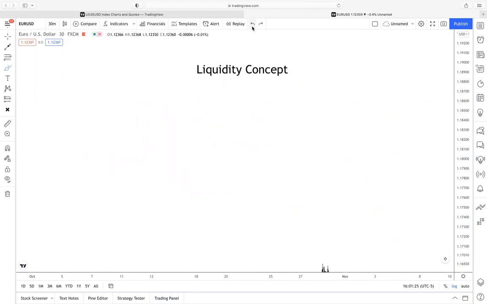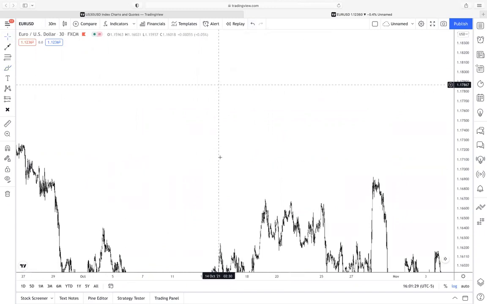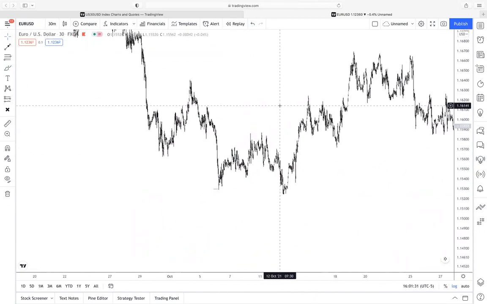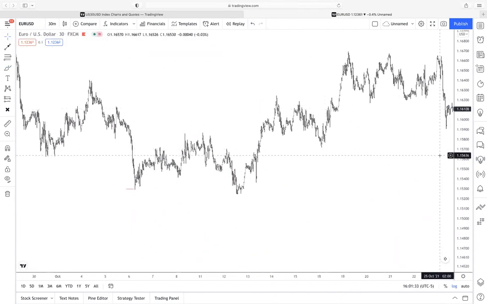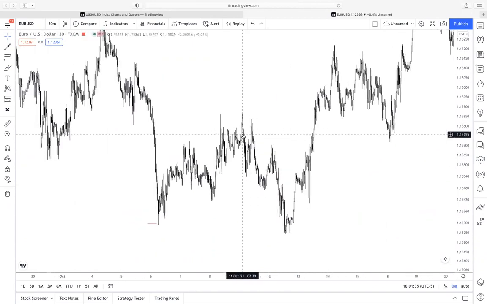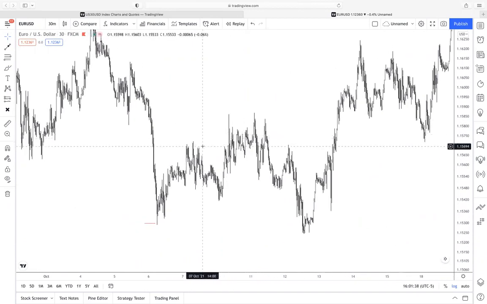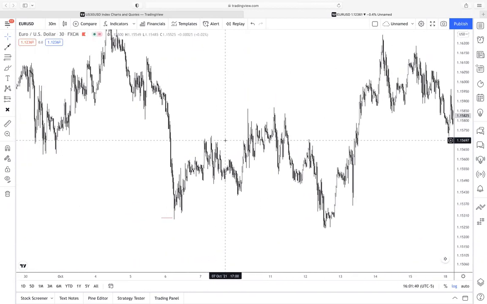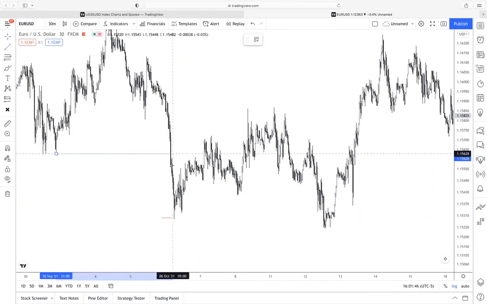Go ahead and remove all this. Okay. So here's a perfect example of how liquidity works, tying in all of the things we've talked about before. Here's a low that was ran, AKA liquidity.